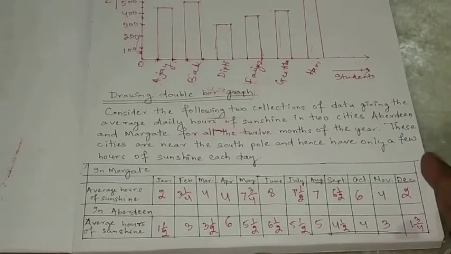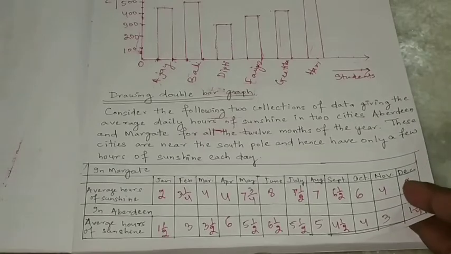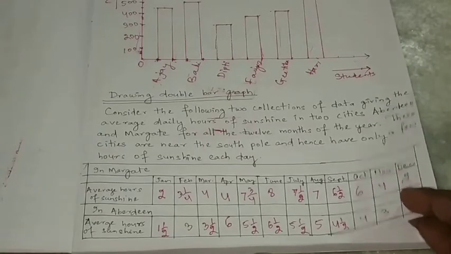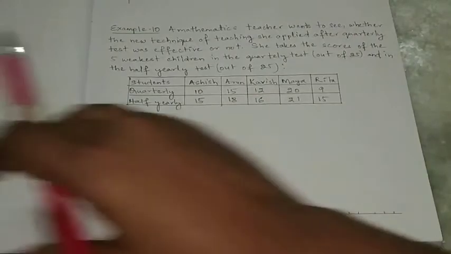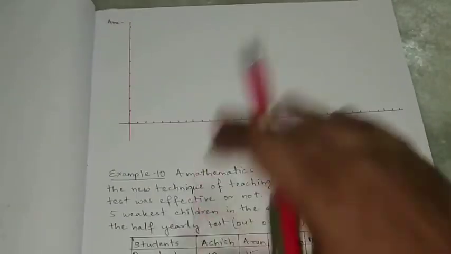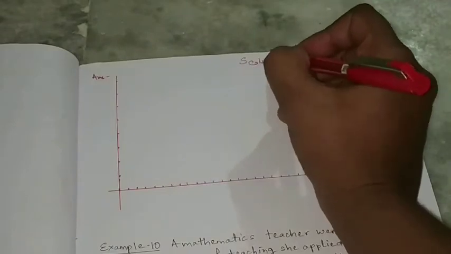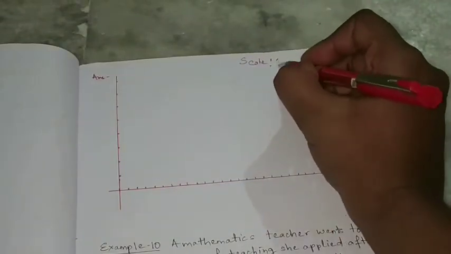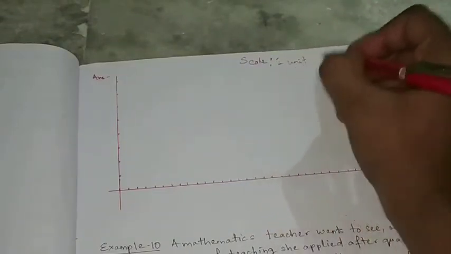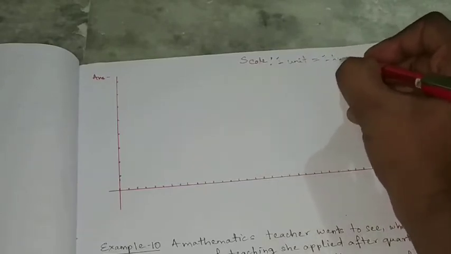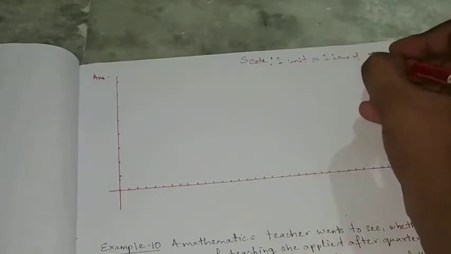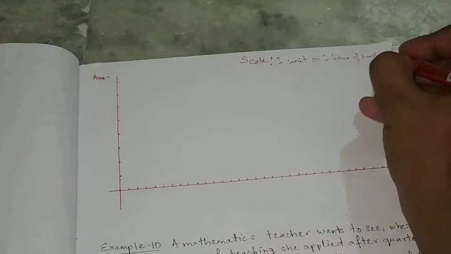So we can take 1 unit as 1 hour. So first we'll write the scale. The scale is 1 unit equal to 1 hour of sunshine.